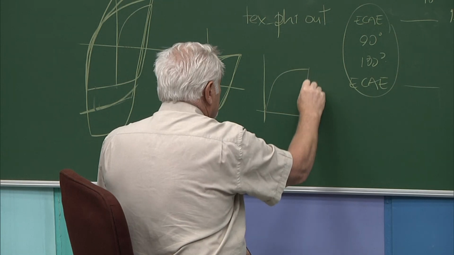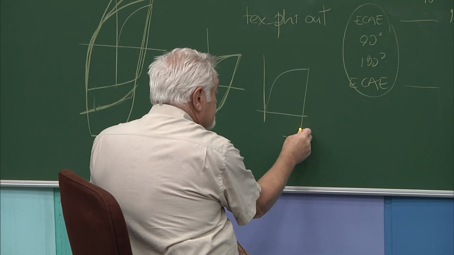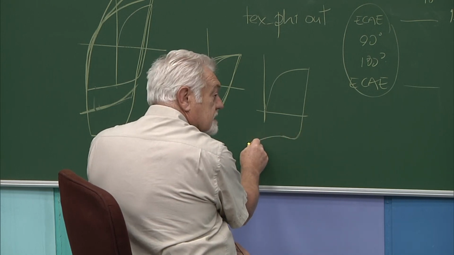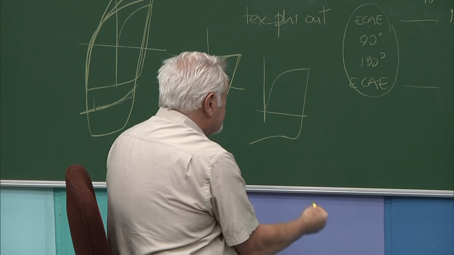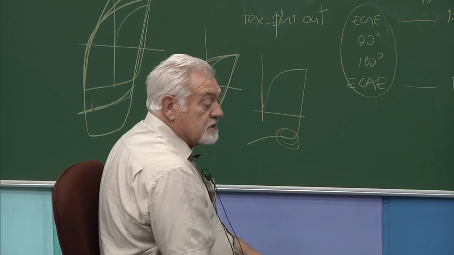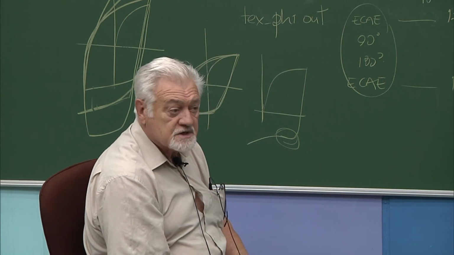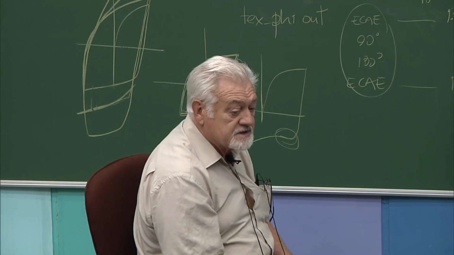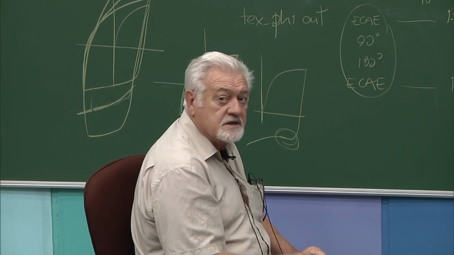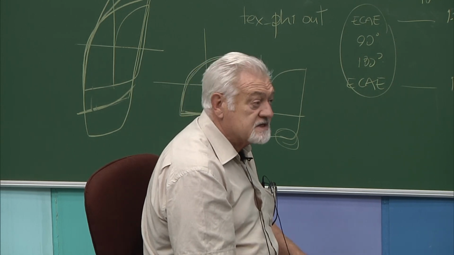When you reload, it kind of shows softening and then hardening. Okay, yeah, this has to do with the fact that here you are using up more of your reversible dislocations, and then the reversibility parameter increases.